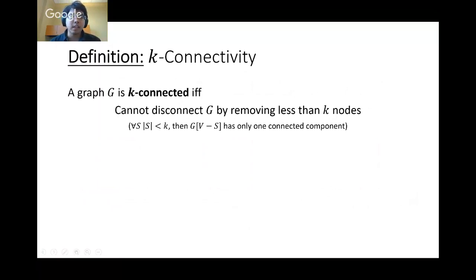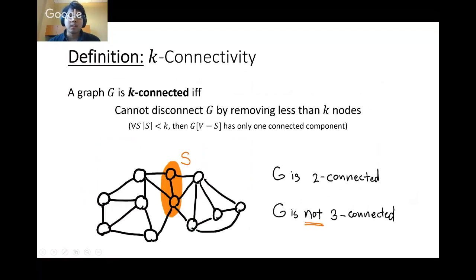So basically, if you look at any set of vertices S of size less than K, then it must be the case that once you remove S, G still has one connected component. For example, if you look at this graph, G is 2-connected because if you remove any one node from it, it is still connected, but G is not 3-connected because of this set S.